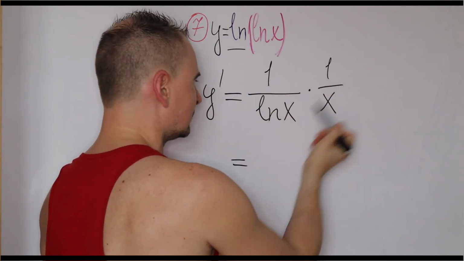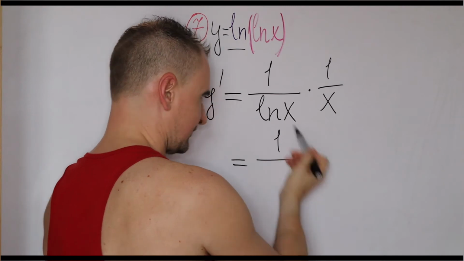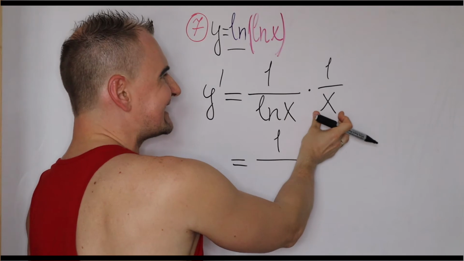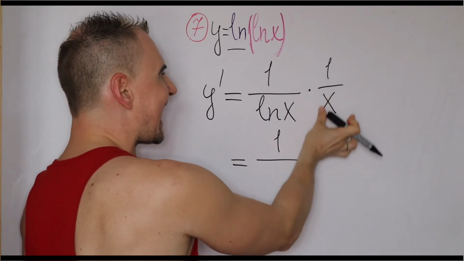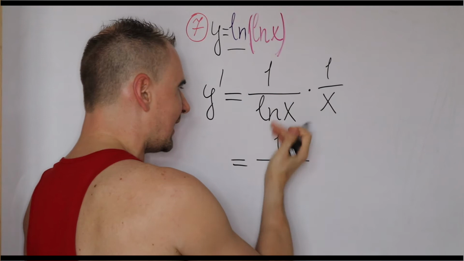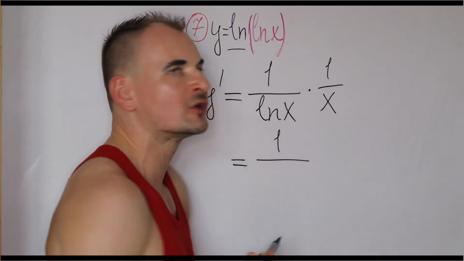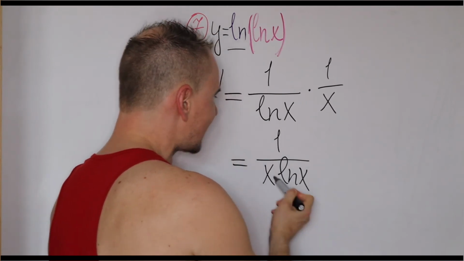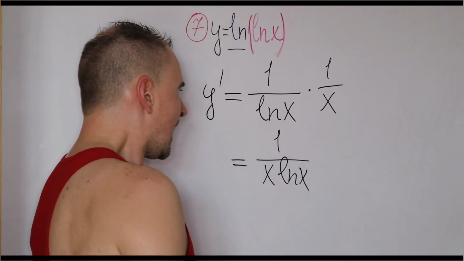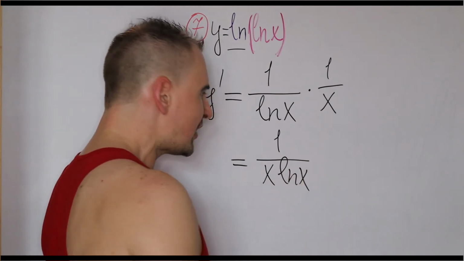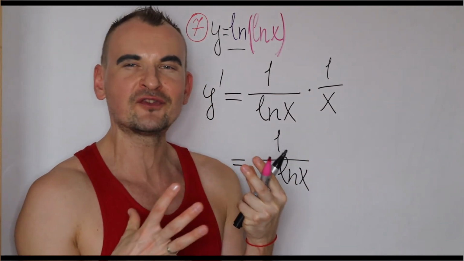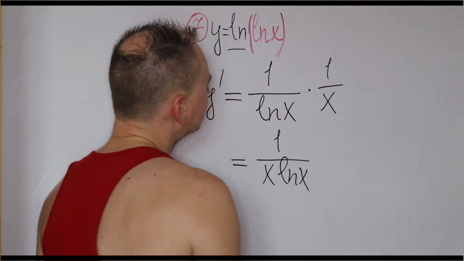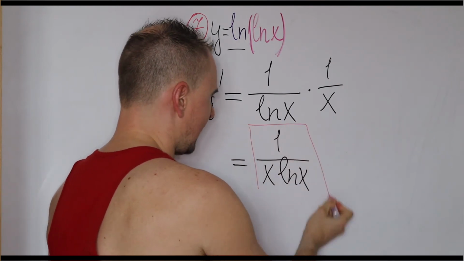Since you have ones on top, 1 becomes overall 1. And typically, we place this x in front. X comes in front of your ln of x, in front of all your transcendental functions. So it's going to be x times ln of x. And normally, we neglect this multiplication between. So that's going to be your neat, compact, more beautiful, short and sweet result for that function.